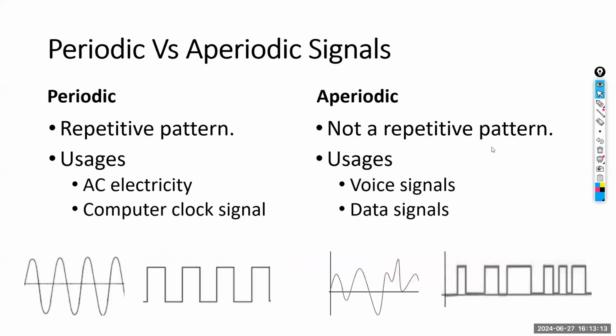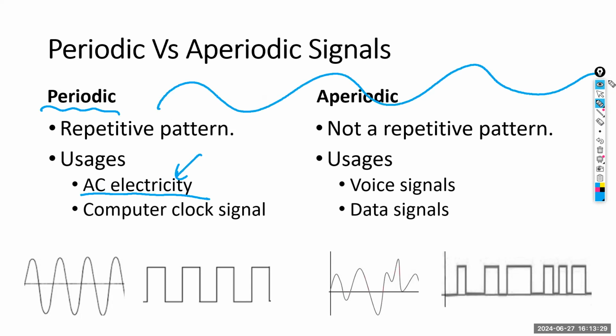Then we discussed the difference between a periodic signal and an aperiodic signal. A periodic signal means the same pattern repeats, like our AC electricity. It's a sine wave, because our electricity doesn't carry data, it's just energy.